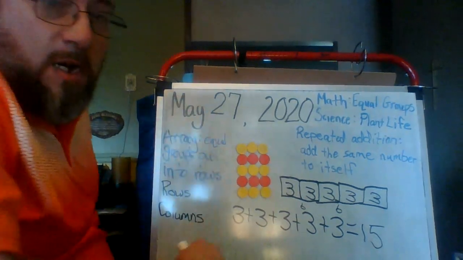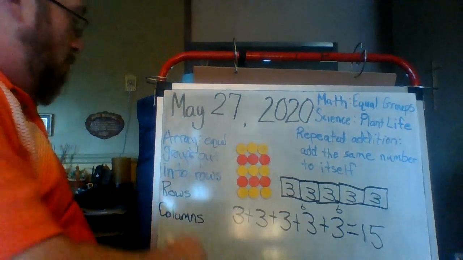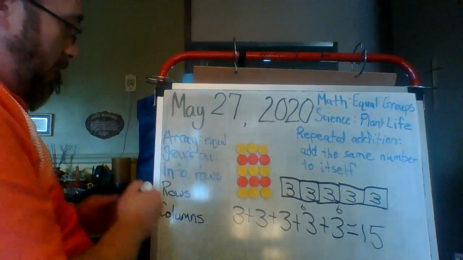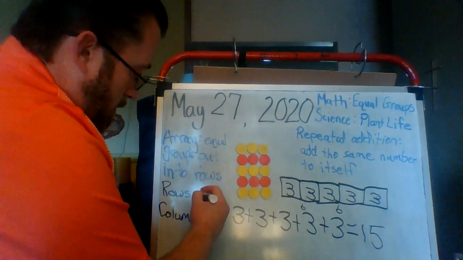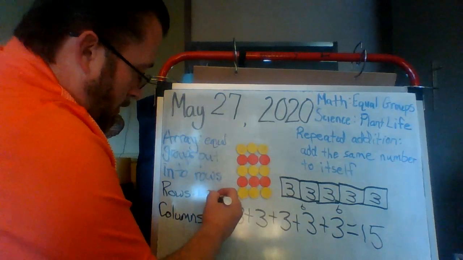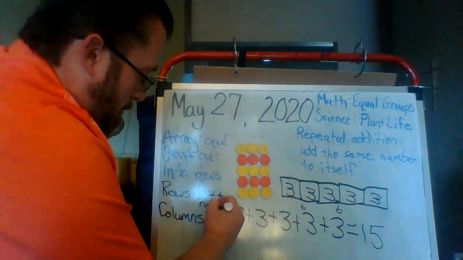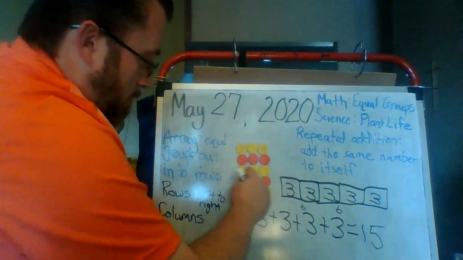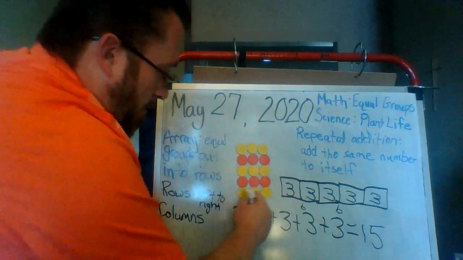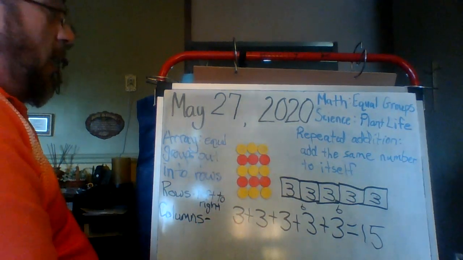And if you mix those up, your pictures won't look exactly right. Rows always go left to right. These are rows. 1, 2, 3, 4, 5.